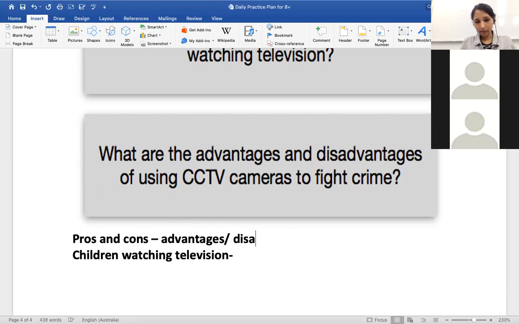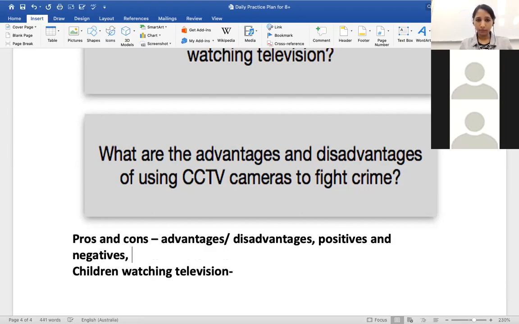Well done. This is the most appropriate one. Can you think of any more? Positives and negatives. Well done. Can you think of more? Benefits and losses. Benefits and ill effects.